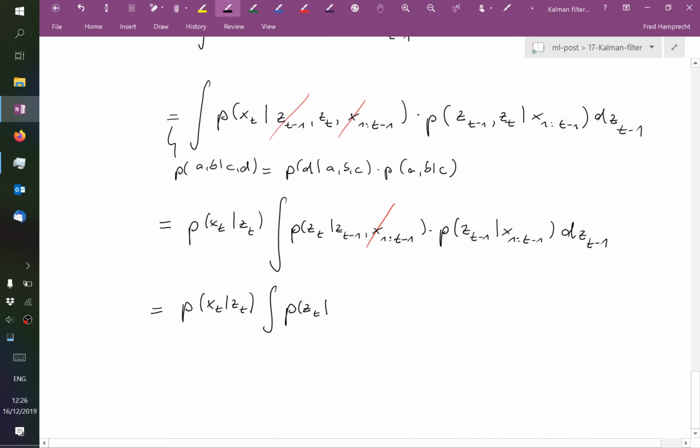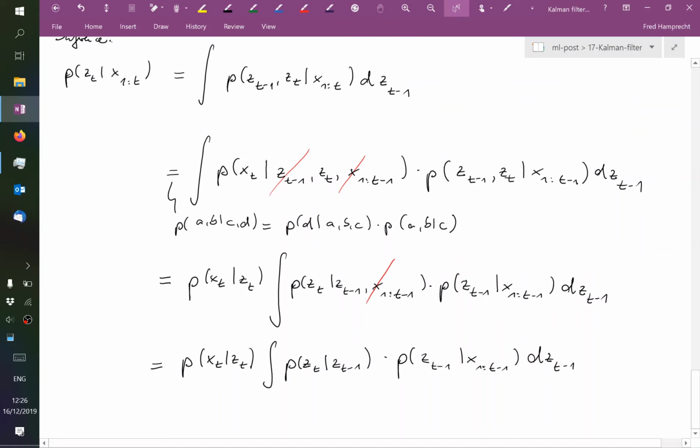Probability of z_t given z_{t-1} times probability of z_{t-1} given x up to t-1. And if we looked where we started, and if we call this here alpha_t, then what we have here is alpha_{t-1}. And we have a recursive expression.